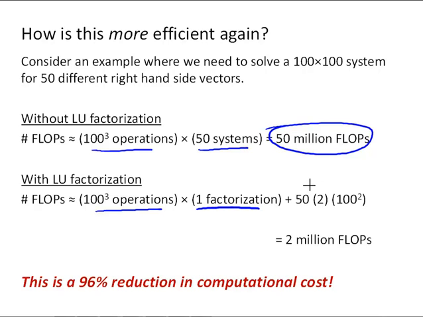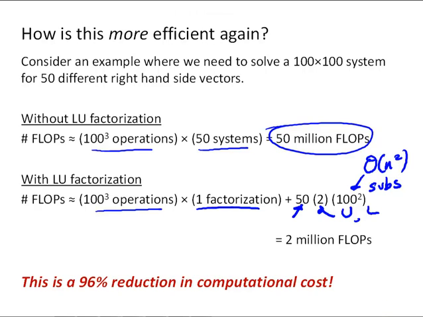Then for those additional systems, for 50 right-hand side vectors, we have 100 squared. That's our order n squared substitution cost. But we have it twice because we have one for U and one for L. So we have to go through each of those triangular matrices.